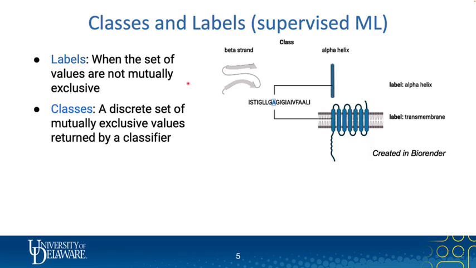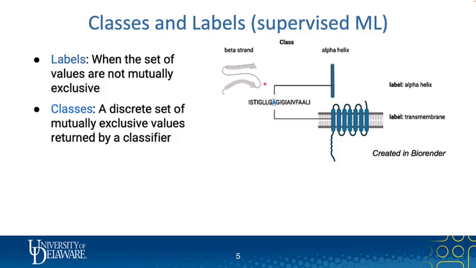The same residue in the protein, at that particular position, could only be part either of an alpha helix or a beta strand or a coil, which is another class of secondary structure. Another example could be if you have publications that you are trying to classify as relevant or non-relevant for a particular topic of interest. It cannot be both things at the same time.